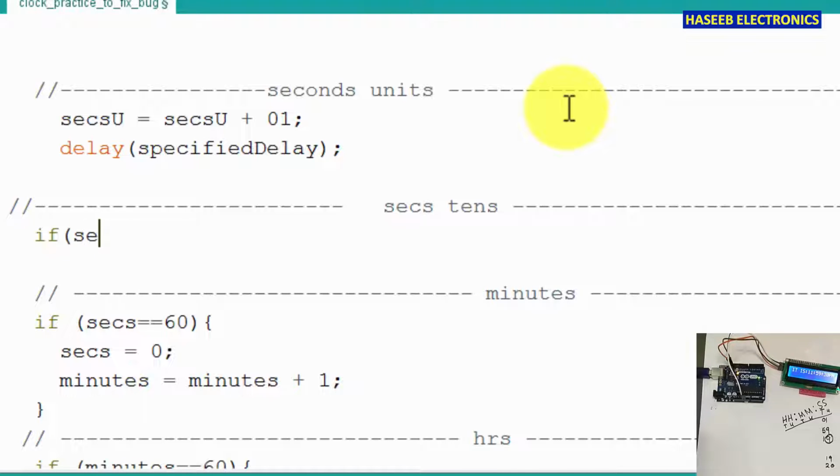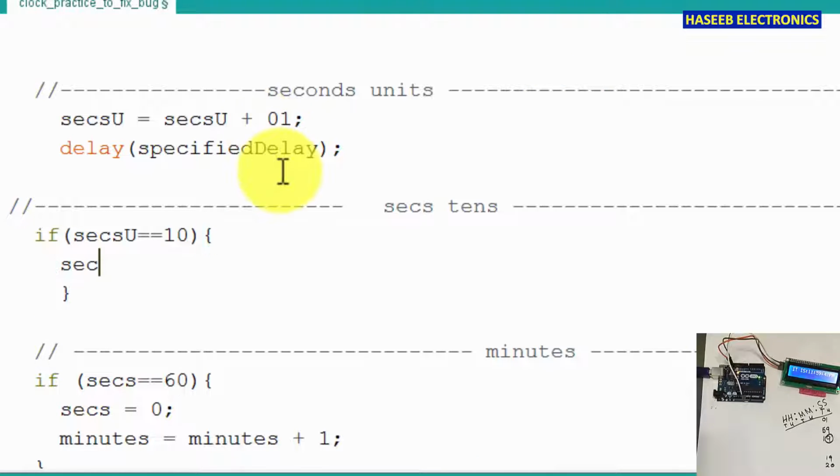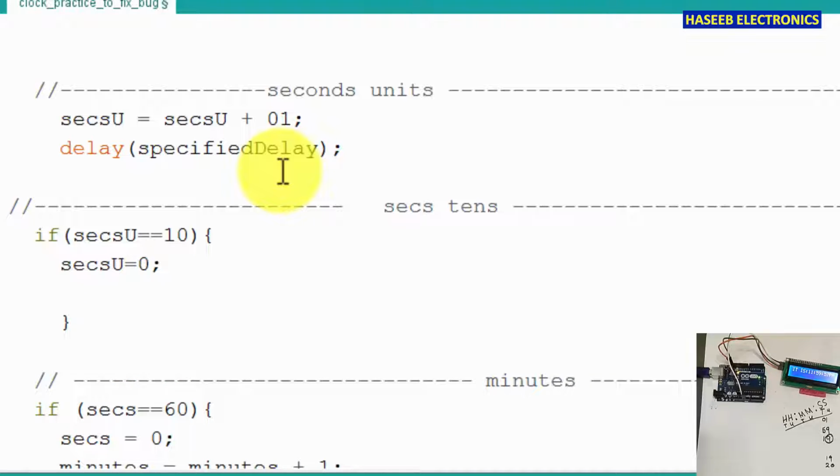If seconds units is equal to 10, what will it do? Seconds units is equal to 0. At that time it will change the value of seconds tens equal to seconds tens plus 1.